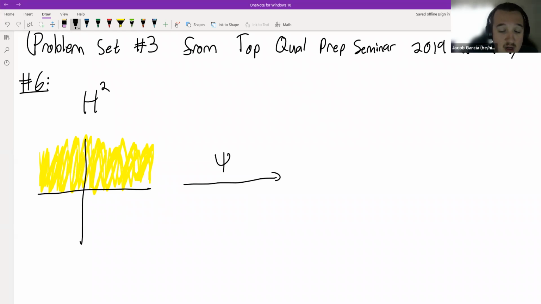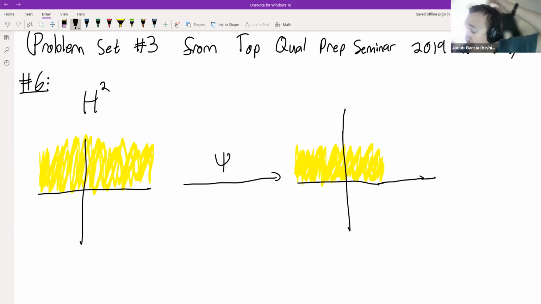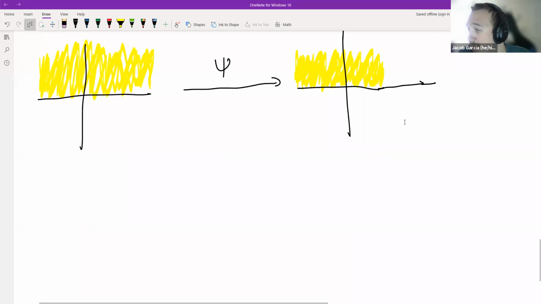So that way this yellow set gets embedded into some subset maybe. I won't draw all the way to the right or all the way up like I did before, maybe it's somehow restricted. And so we want to show that the only places that you can send boundary components to are other boundary components. And really, this is just going to come from the fact that we have an open embedding.